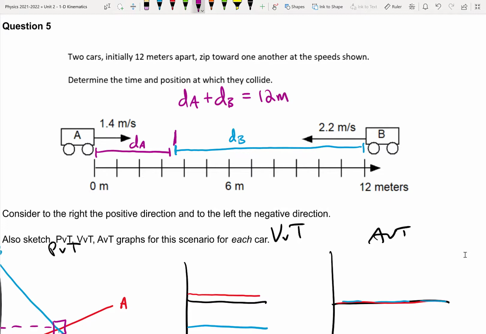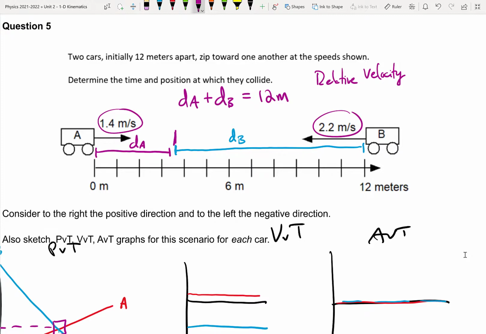Well, this one's traveling at 2.2 meters per second, but in the negative direction. This one's traveling at 1.4 meters per second, but in the positive direction. So their relative velocity is why I didn't do it with this. Relative velocity is like the velocity between them.